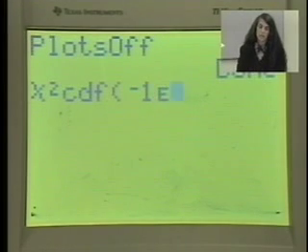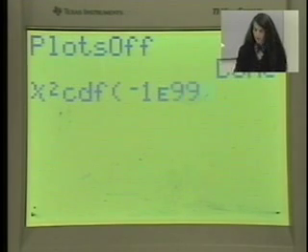And what that does is it's going to give us a power of 10 when we finish. So we're going to enter 99. That number is -1 times 10 to the 99. That's a very, very small number on the number line, going to the left. All right, so -1 times 10 to the 99.